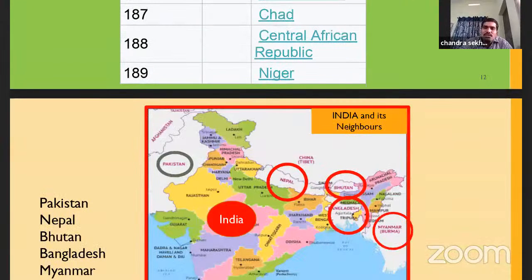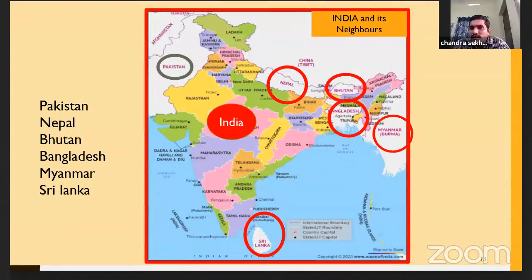So when we come to the Indian context, here the circles are there. What is there in that circle? We can observe the neighboring countries of India. On the northwestern side, we have our sister country which was divided from India, that is Pakistan, and on the north side Nepal, Bhutan, and on the south side Bangladesh, Myanmar, and Sri Lanka.